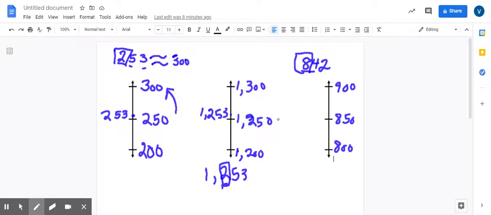Now, fourth thing we do is we plot 842 on our number line. It's about right there. And then we say to ourselves, now, remember, you can count by tens. 800, 810, 820, 830, 840, okay, and 841, 842, okay, about there.